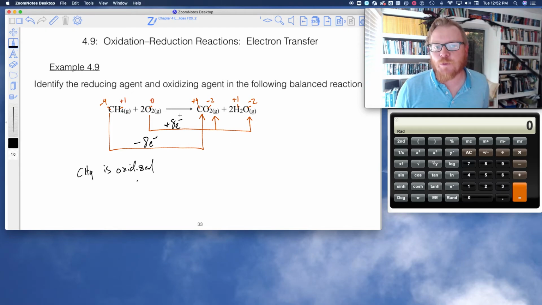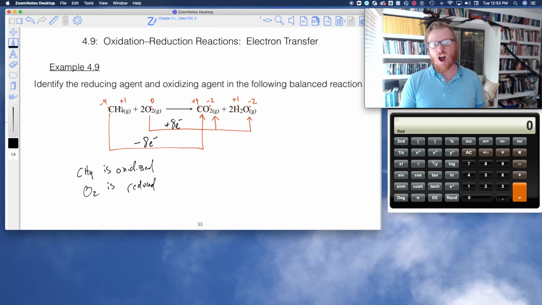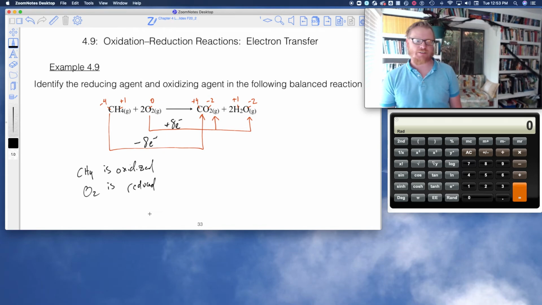If you didn't see the number 8, if you're not there yet, that's okay. The big important thing to note is it went from 0 to -2. It's being reduced, okay? So O2 is reduced. And note, we always say this with respect to the reactants. We're talking about what's happening with the reactants.